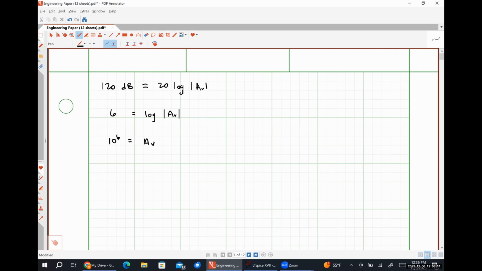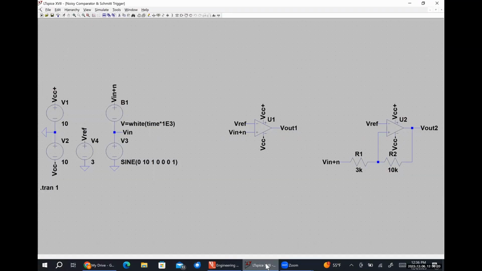So I had mentioned at the end of our last class meeting that we were going to look at some things with noise in it. So let me get rid of this thing that's in the way. I have a circuit right here that is just our simple comparator, and then I have a circuit over here that's utilizing positive feedback.